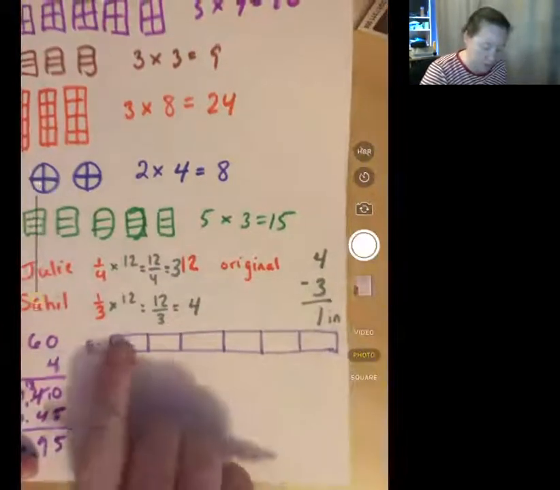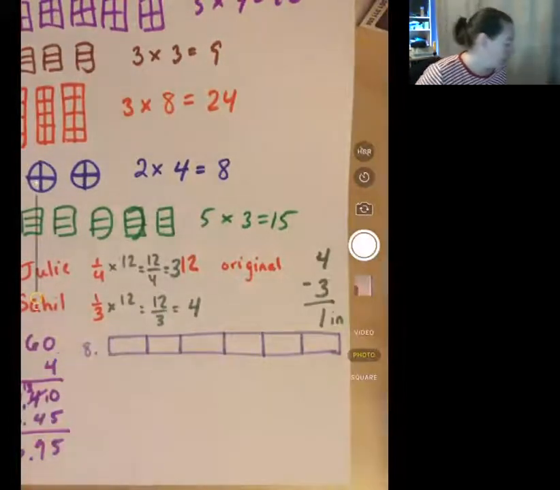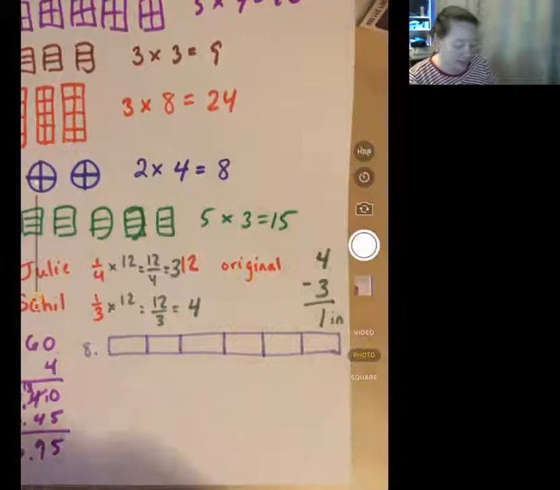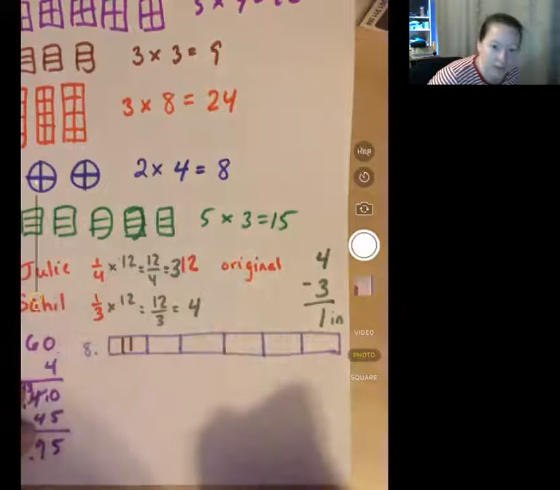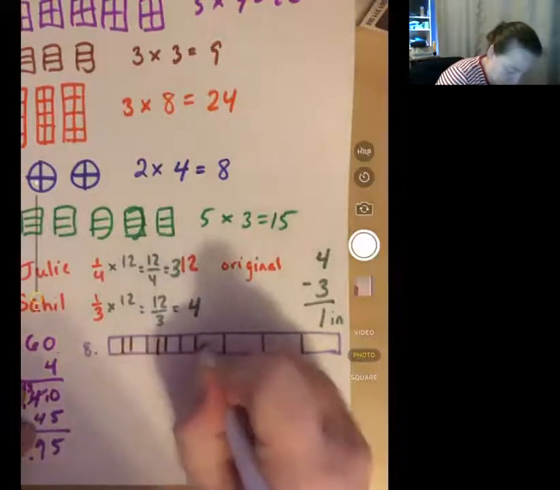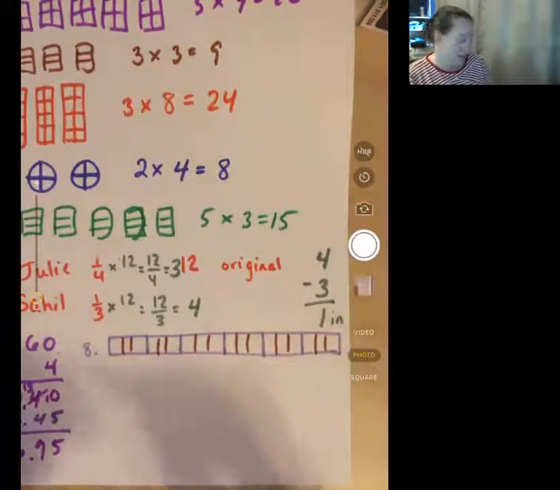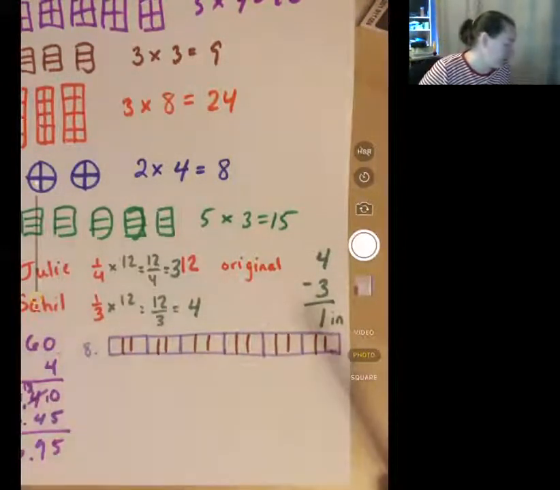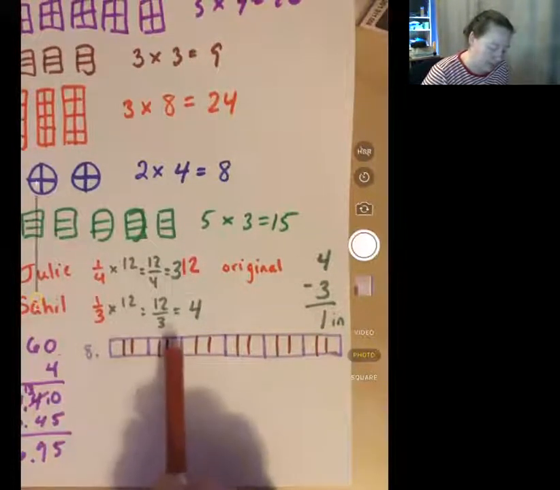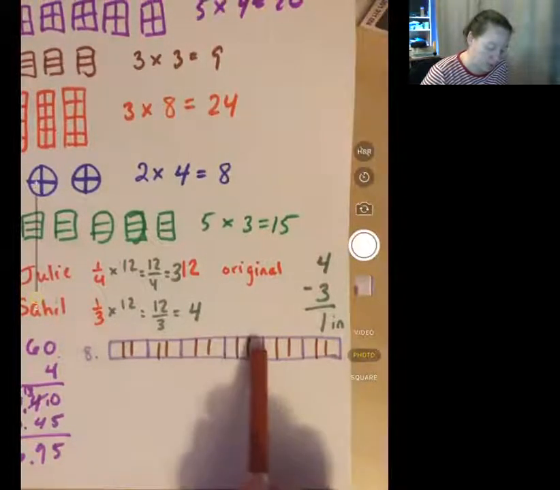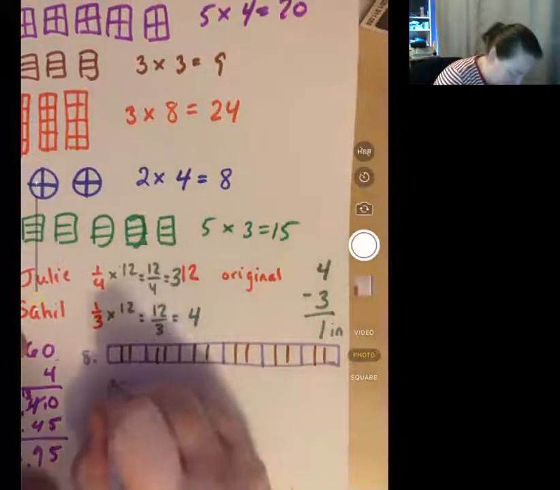So that ends up with 1, 2, 3, 4, 5, 6. She cuts it into sixths. Then she cuts each of those sixths into thirds. So that's cut into 3 parts. So is that, and so is that, and so is that. How many pieces does she have? 1, 2, 3, 4, 5, 6, 7, 8, 9, 10, 11, 12, 13, 14, 15, 16, 17, 18. So she has 18 pieces.